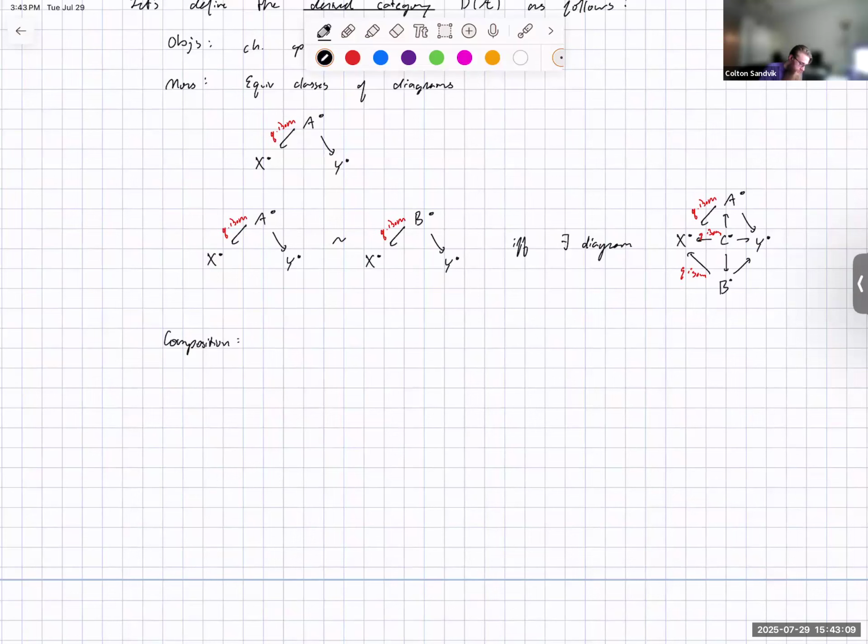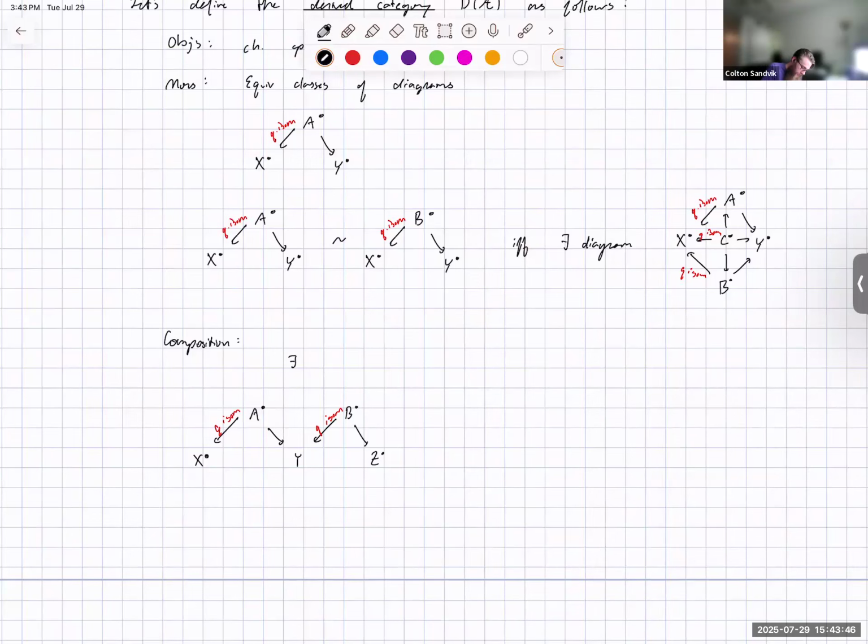So the composition is the only part that really is mysterious. For a composition, we want to be able to compose a diagram like this, and so we need to construct something that sits above it.